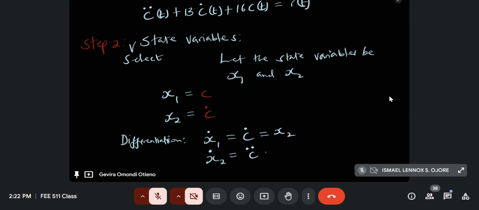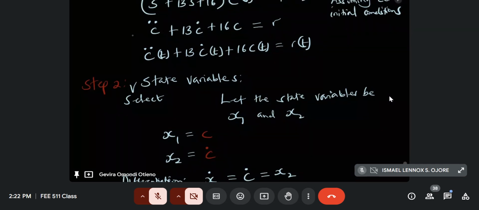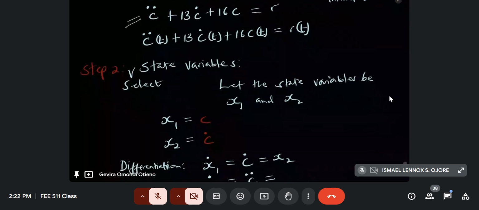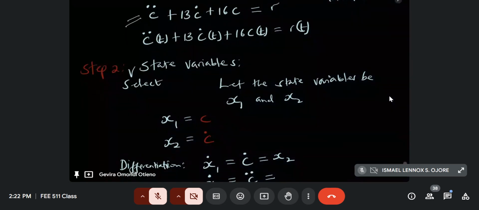But what is the equivalent of the double derivative of C in terms of the input? So you come back and look at your equation here, and you will see that we can make the double derivative of C the subject of the formula, so that we are able to write everything in terms of x1, x2, because those are our state variables.